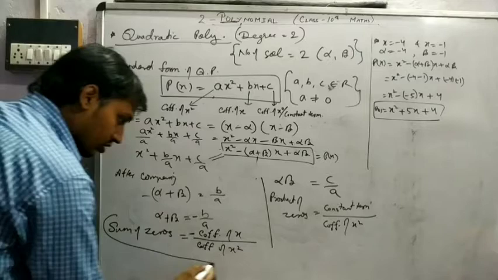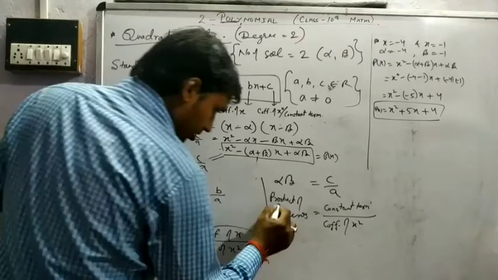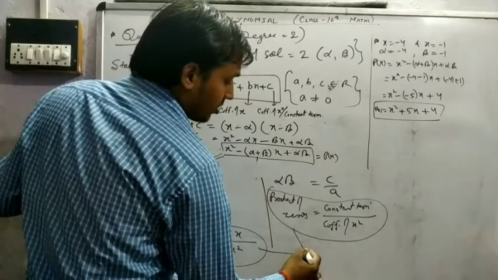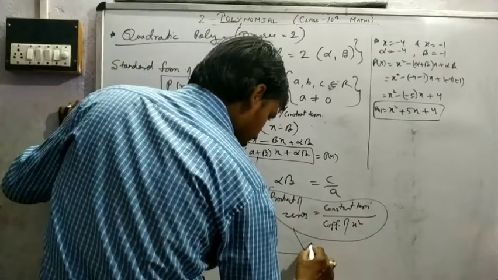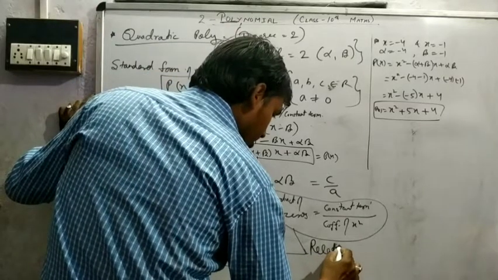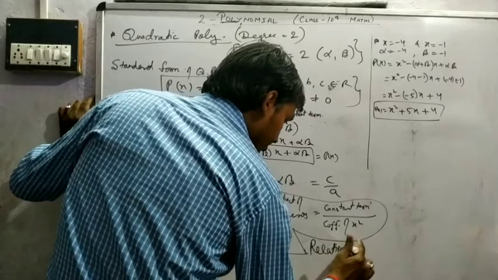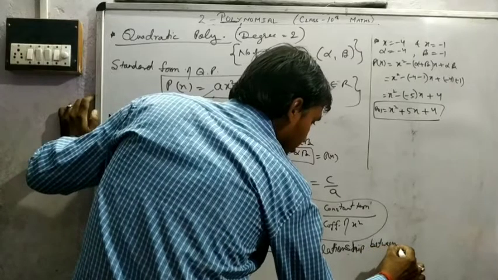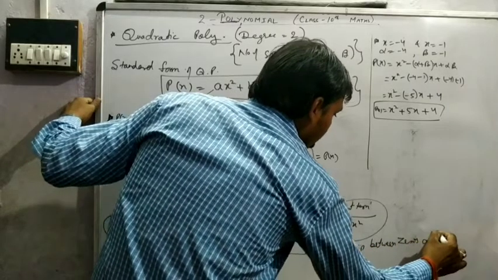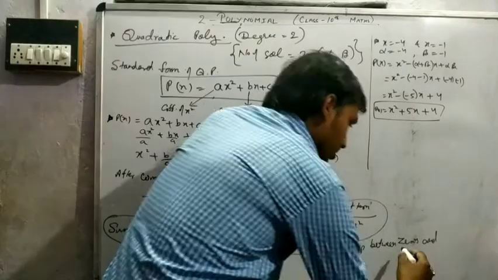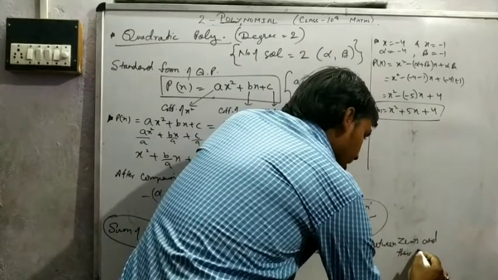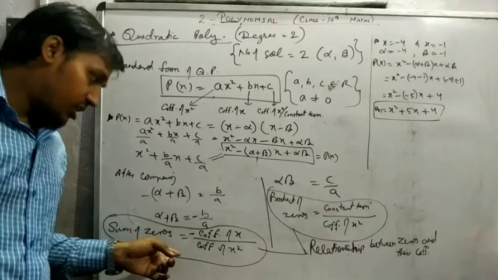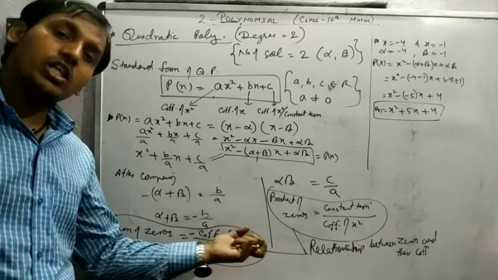So these two are the relationship between zeros and their coefficients. These are the relations between zeros and their coefficients.